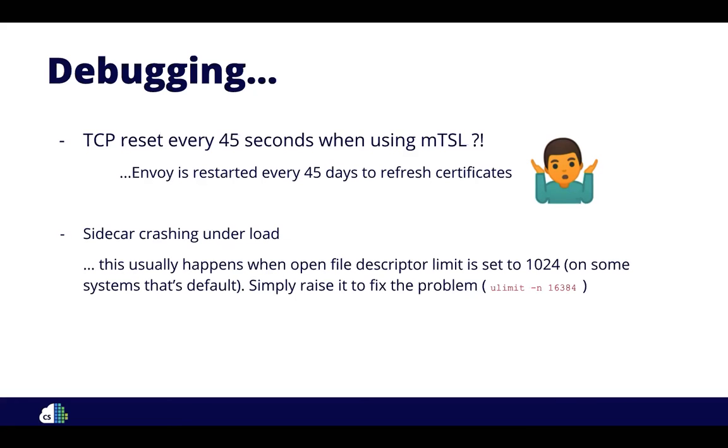The problem is that it's not easy to find that this is the issue, because you won't see a message in the logs saying, hey, I crashed because of the file descriptor limit. So if you know that it can happen, then you should always just check up front.